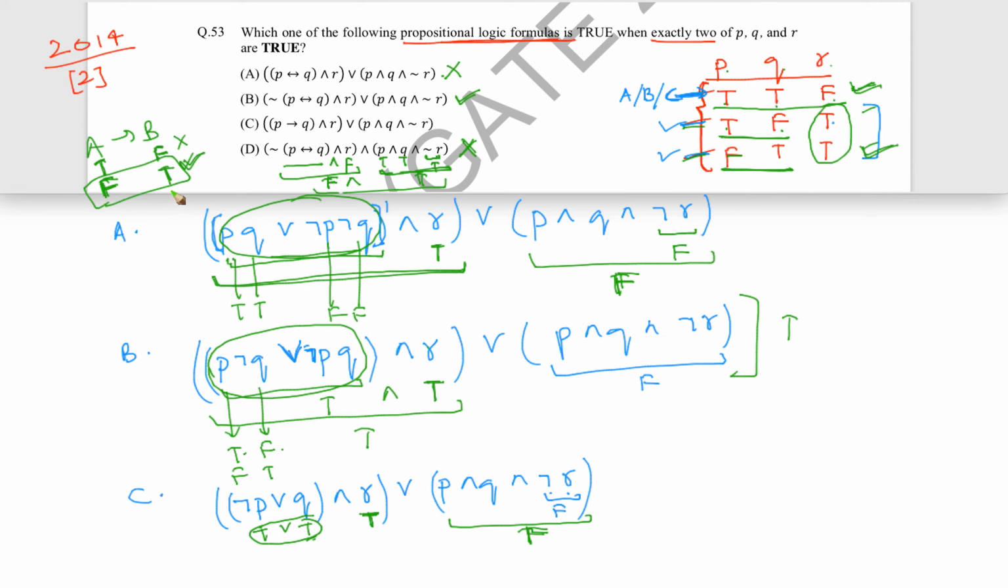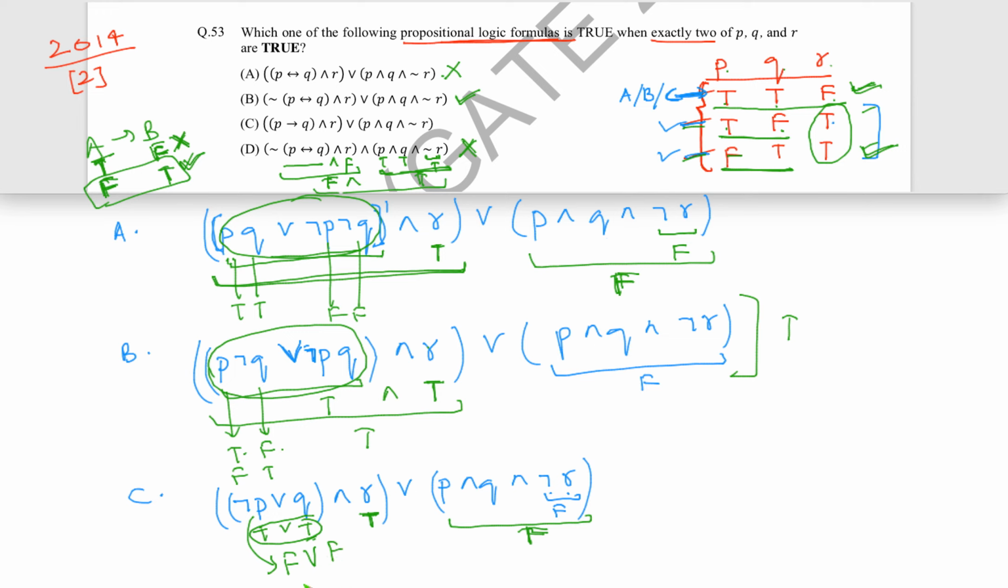See, it is not possible to have in an implication, if A is true and then B is false, then that is not a valid implication. You can understand it like this also. If P is true, then not P is false, or Q is already false.